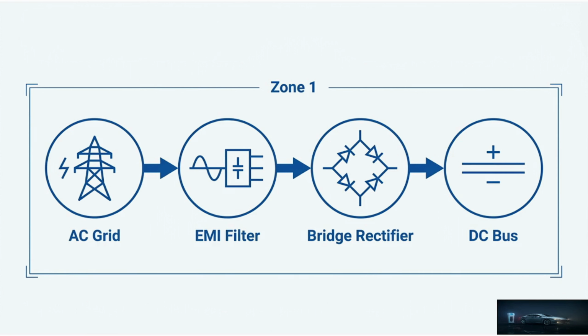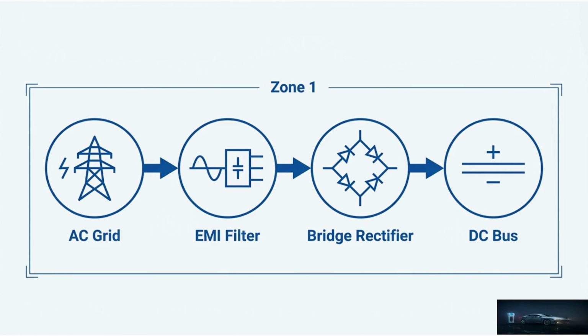So we mainly have three important steps. If you can see in this slide carefully, the first is our AC grid, where the power is coming to us in the form of alternating current. Then the EMI filter, then the bridge rectifier and the DC link capacitor.